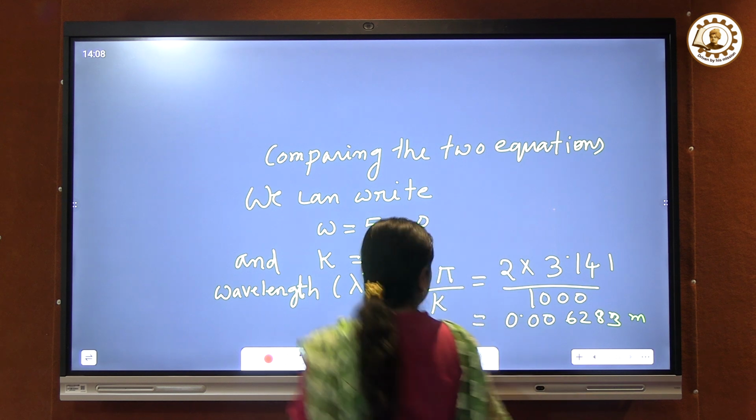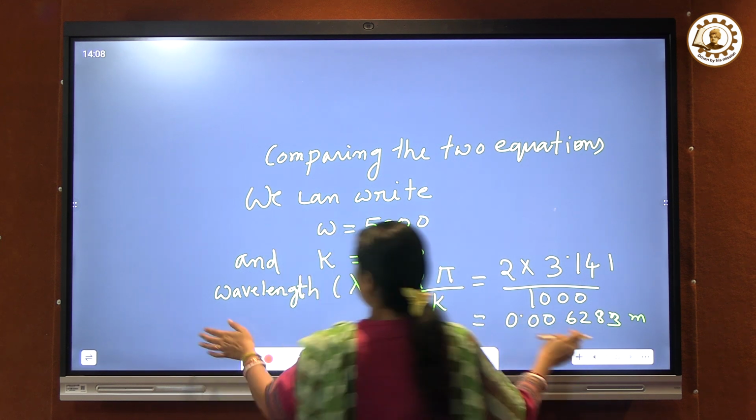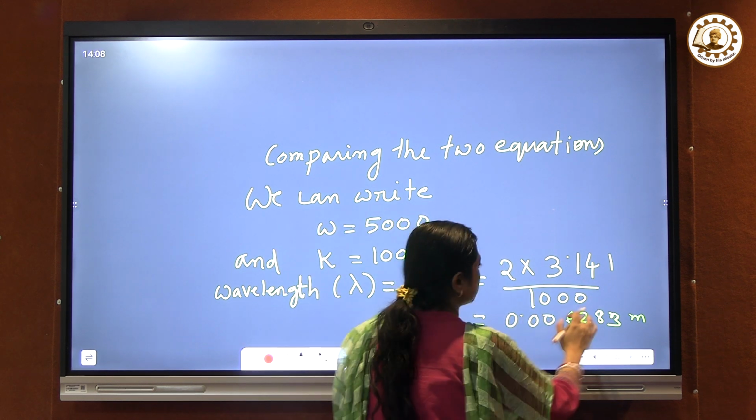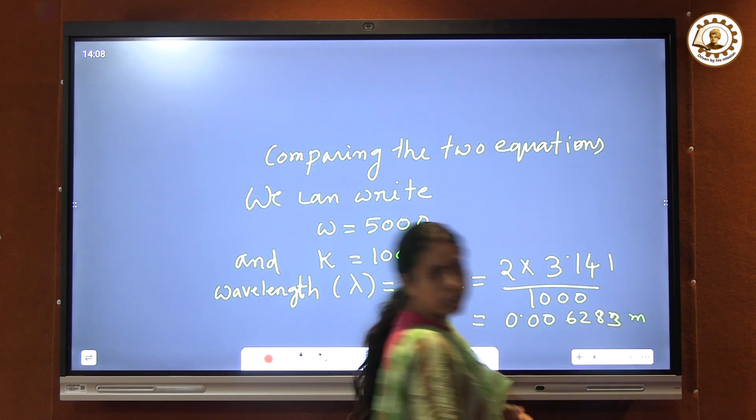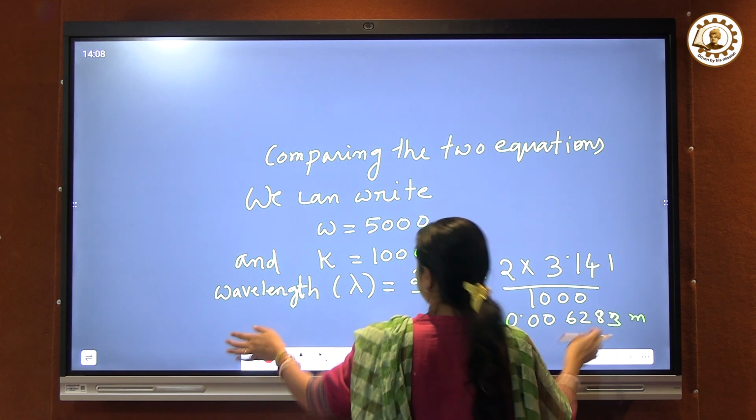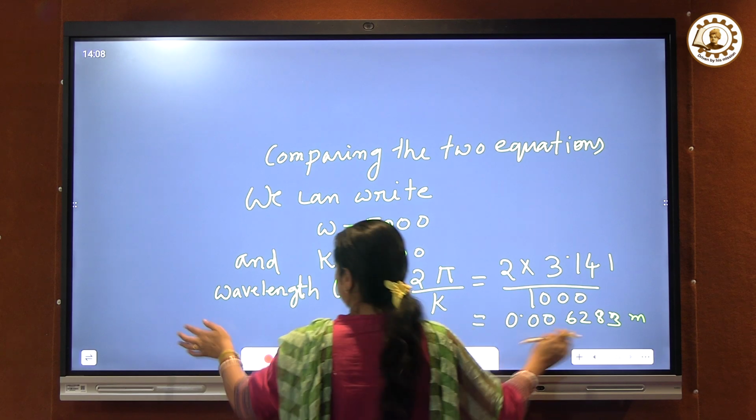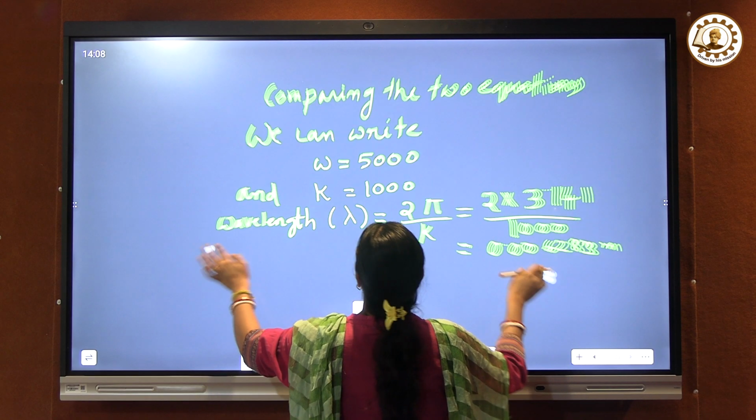This is your wavelength. A little I can modify here: 6.283 into 10 to the power minus 3. Otherwise if you keep it here also, no problem.